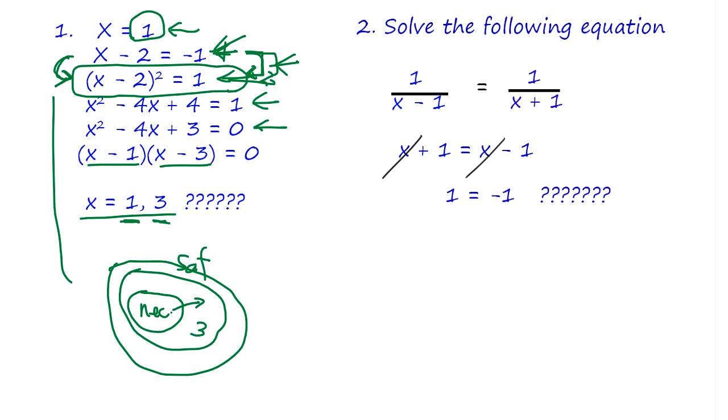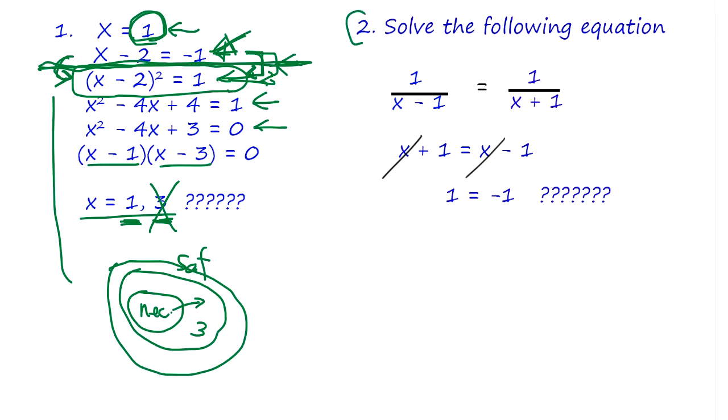X equals 3 is the condition for this, but not the condition for this. By squaring you did that. So this stage is the place you introduced an additional value. So after you get the answer, you have to go back and examine. We assumed it's 1, so this is a fake answer.